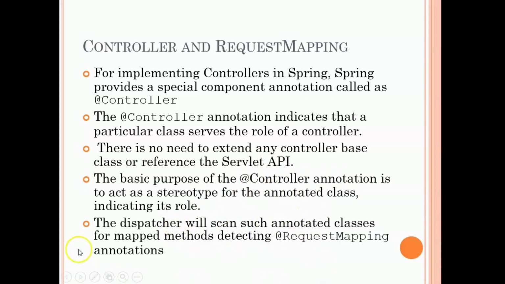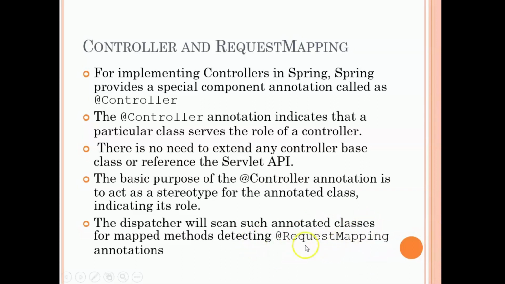The dispatcher will scan such annotated classes for mapped methods, detecting the @RequestMapping annotation. So in such classes, my dispatcher will look for methods which have the @RequestMapping annotation over them. That is where it will actually find the request URL.